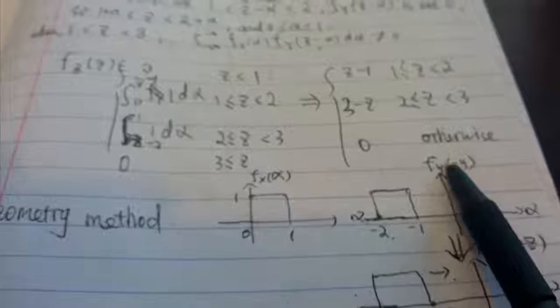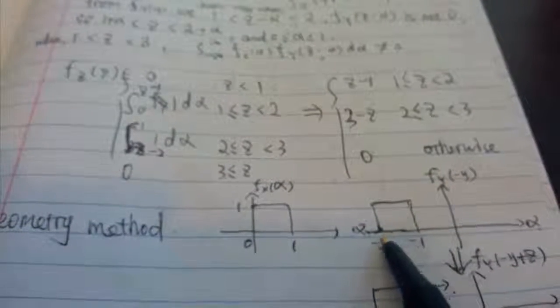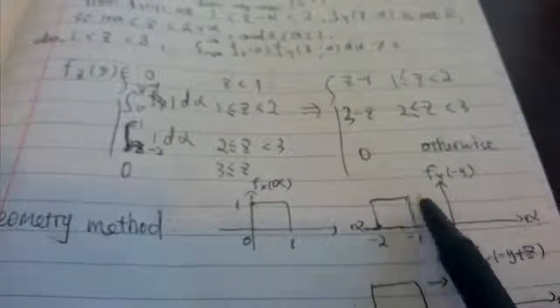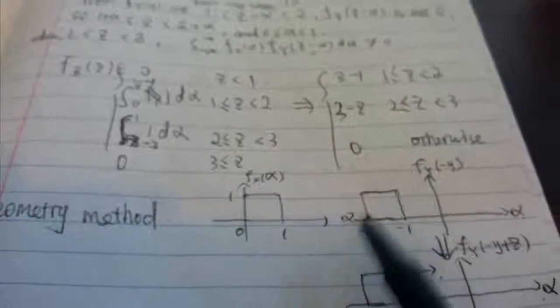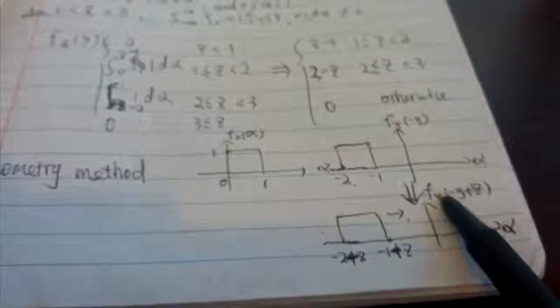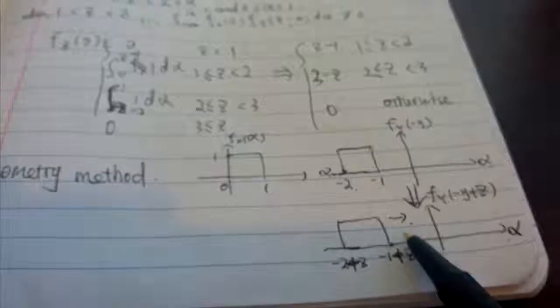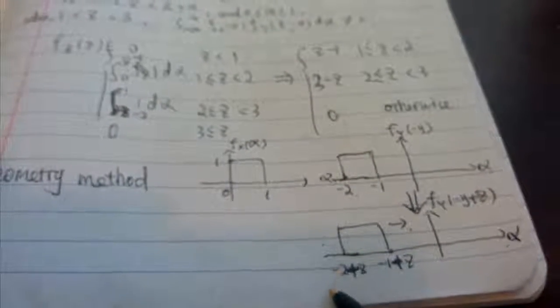And f_Y of minus y is a function from the uniform distribution from minus 2 to minus 1, like here. But now we need to find f_Y of minus y plus z, and it could be viewed as moving z steps from here, and it's like this.